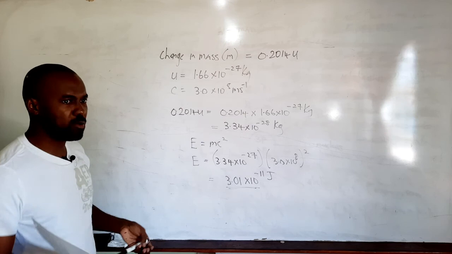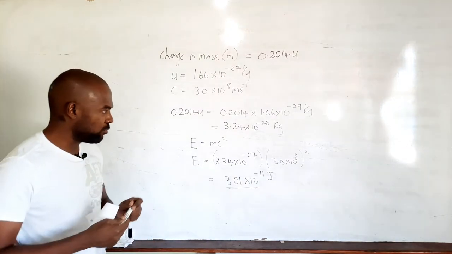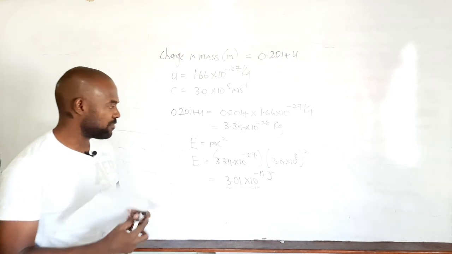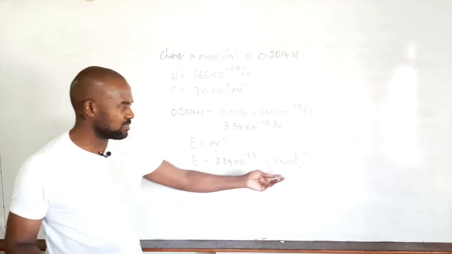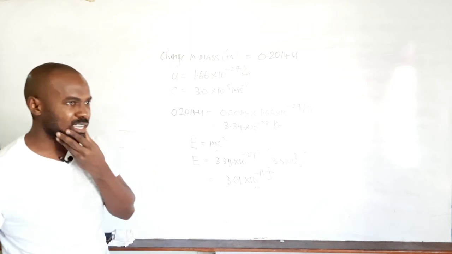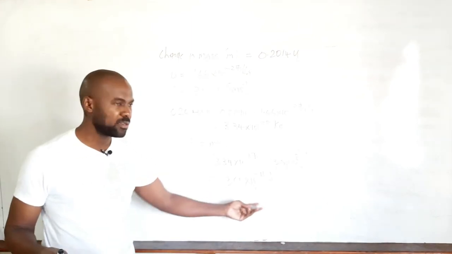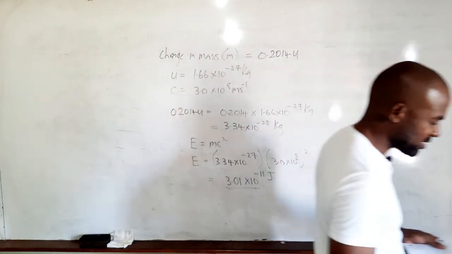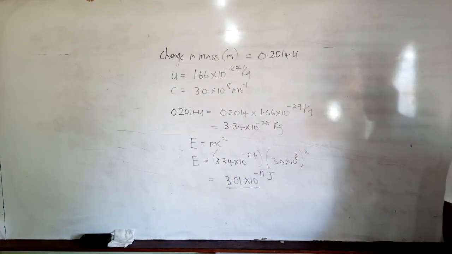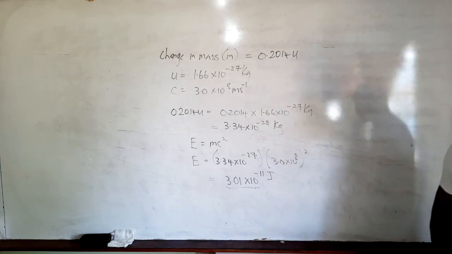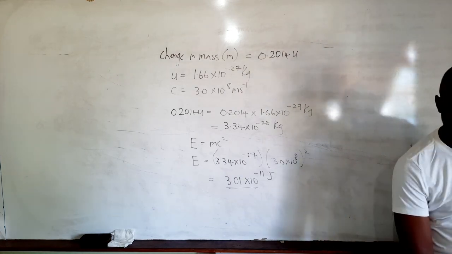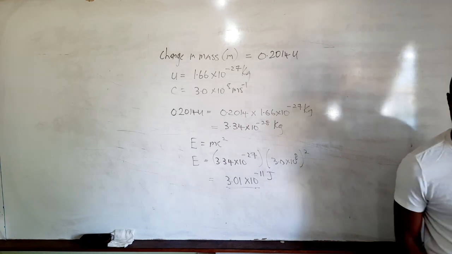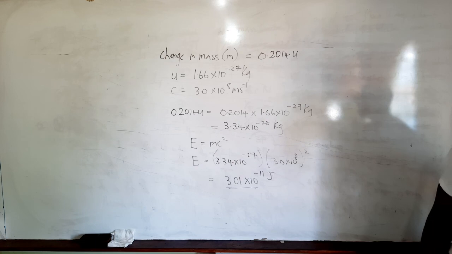So you have to be quite proficient with your calculator and know how to deal with operations like these, because if you make a mistake in entering the values into the calculator, your answer will be incorrect and you lose some marks, right? So there we have it. The energy released in this particular nuclear reaction is 3.01 times 10 to the minus 11 joules. So this was question 6 from May, June 2019, paper 2.